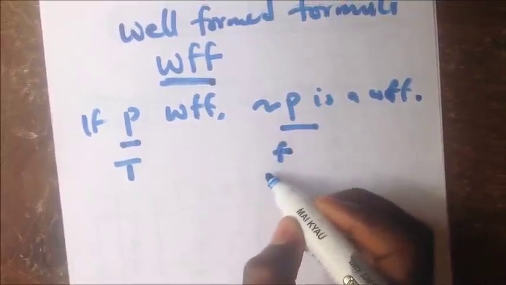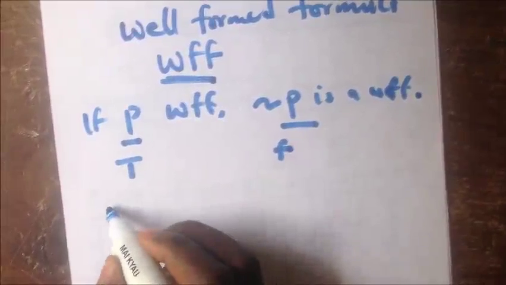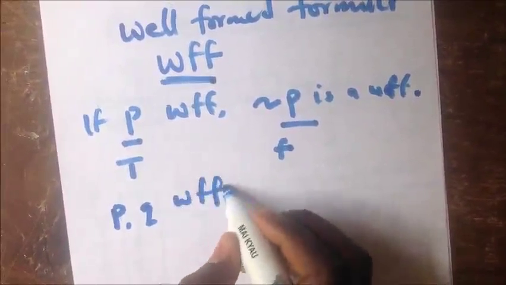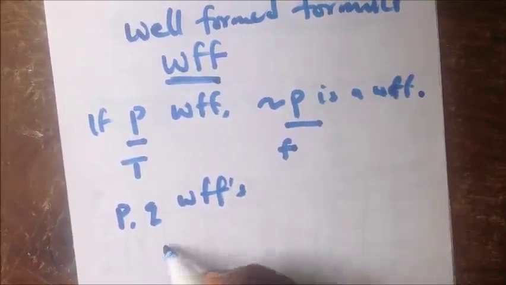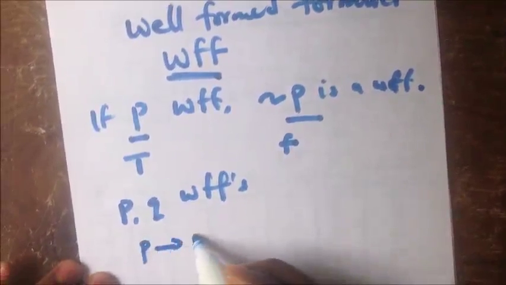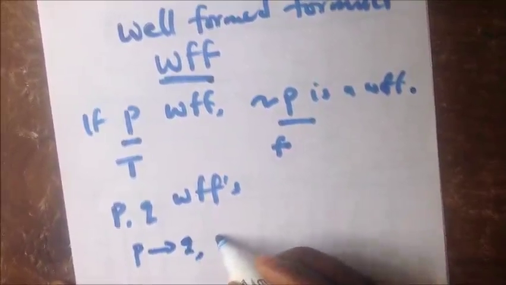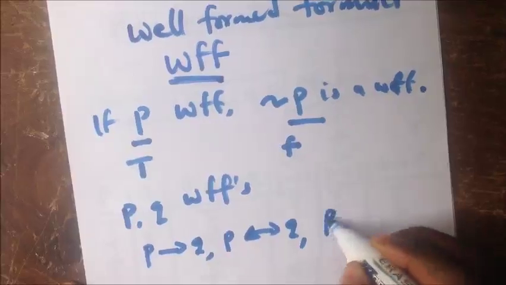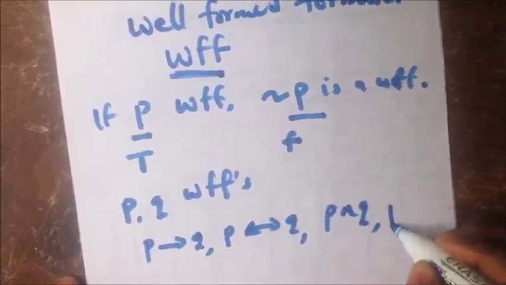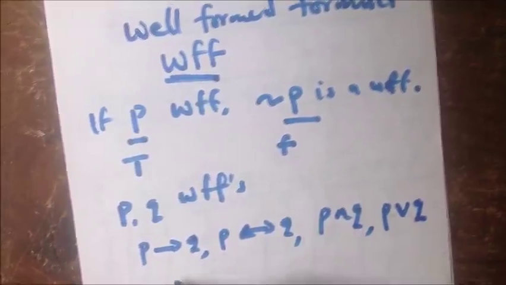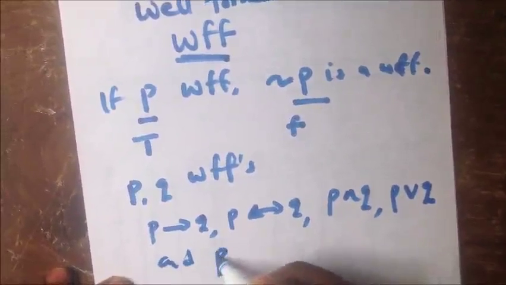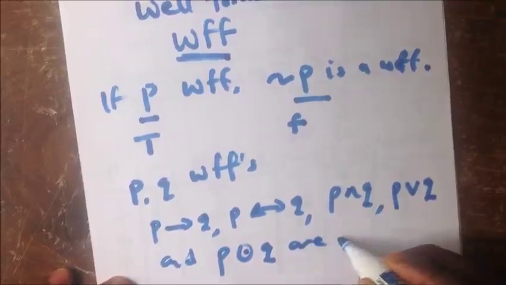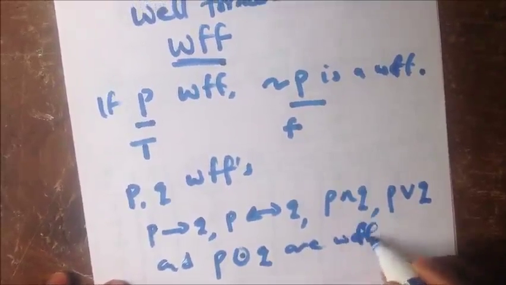It's a statement itself. Then we say, if P and Q are well-formed formulas, this implies that P implies Q, P if and only if Q, P and Q, P or Q, and P exclusive or Q are all well-formed formulas.